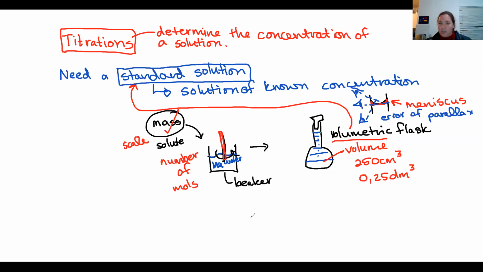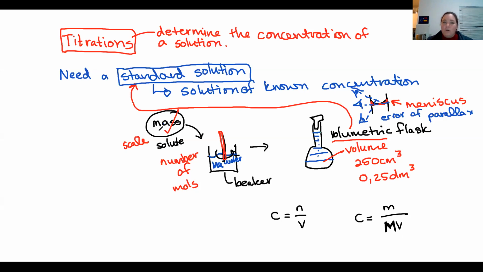You need to be prepared for both, and you need to be prepared to calculate the concentration by saying that the concentration is either the number of moles over volume, or that the concentration is equal to m over MV, where this is your capital M, which is your molar mass.